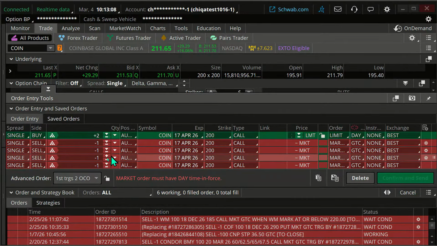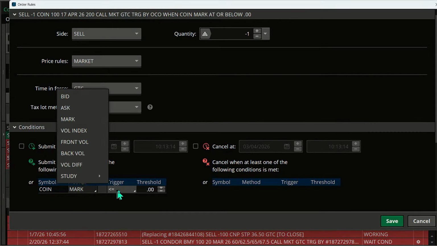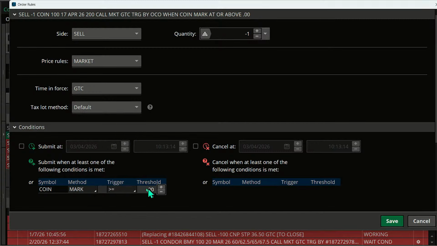Our second target is going to be, I'm going to click on my gear. We're going to say if Coinbase, this was our second target, is greater than or equal to 260. Click on save.